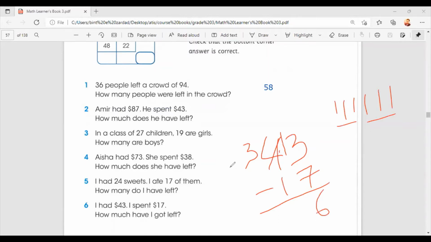We write 3 here, and 4 minus 1 equals 3, so $33. How much have I got left? $33.